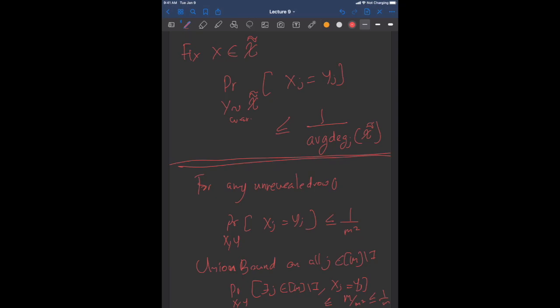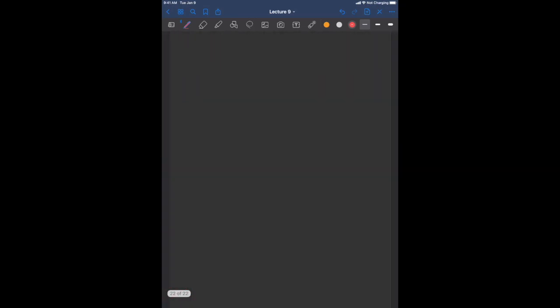It's just by definition of average degree. If you think about it, what are we trying to do? We have some matrix x which is fixed from x tilde, and we have fixed some row j, and this row is maybe 0 1 0 0 0. We want to know the probability that a uniformly sampled y would have the same value.